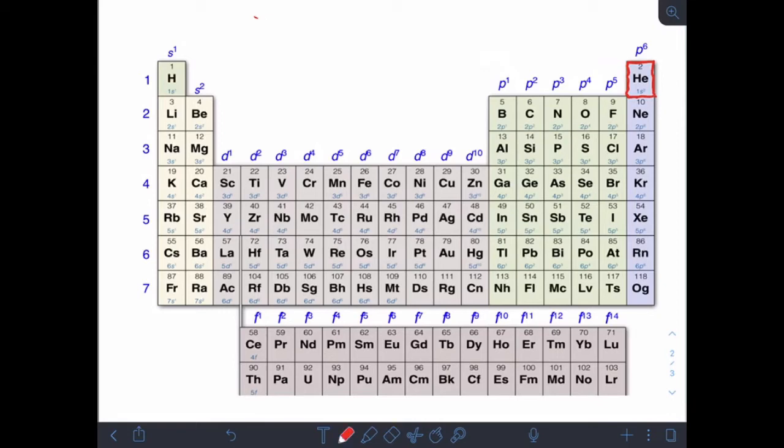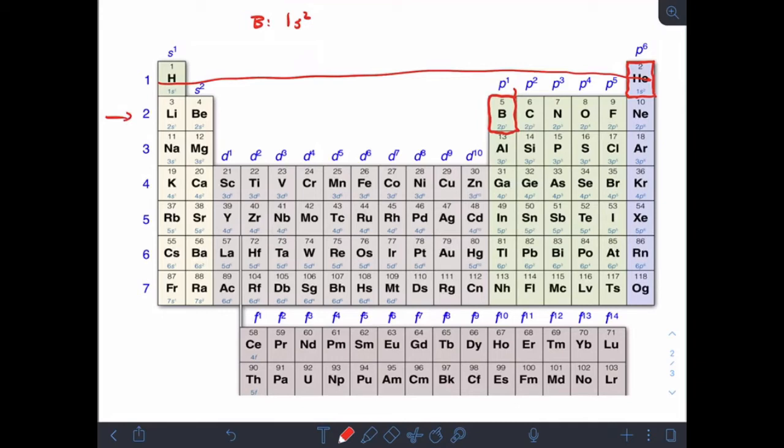All right, so let's do a few more. Let's try boron. Boron lives over here in the P block. So I'm going to start in my upper left-hand corner. I'm going to say 1s1 with hydrogen. Reading left to right, I get to 1s2. Whenever I get an s2, I list it. Now I'm going to come to the next row.